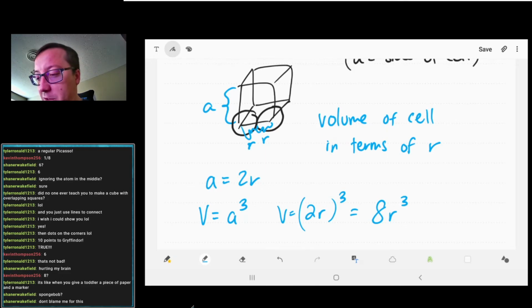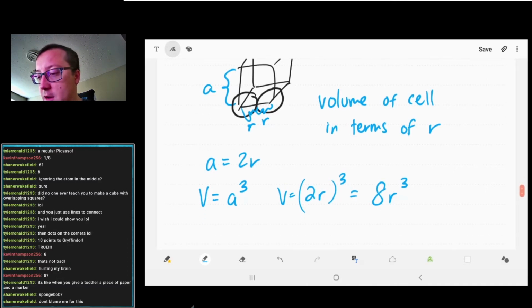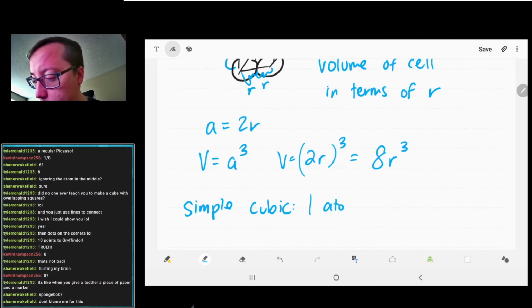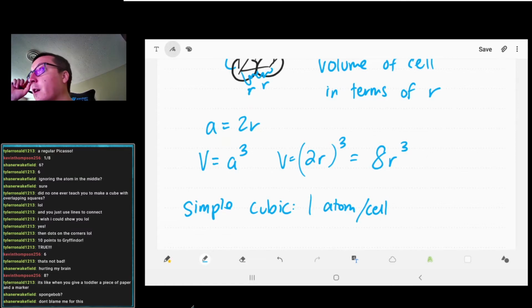All right, and if we looked at our simple cubic structure, we saw that we had one atom per cell, right? And if we assume our atoms are the same size, we'll be fine.